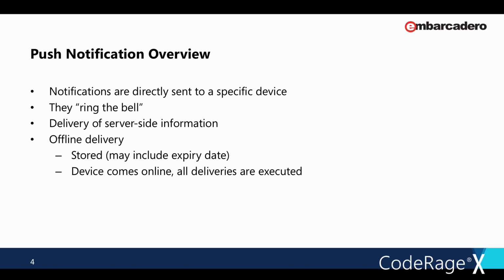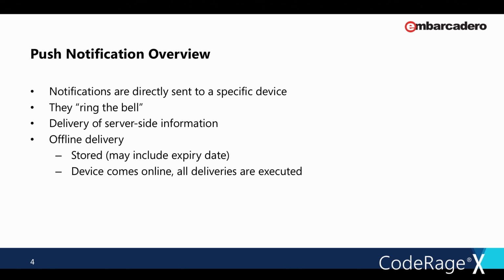Important to notice is that push notifications have the capability to store themselves in the system, in the server infrastructure of Apple or Google. So they may have an expiry date.